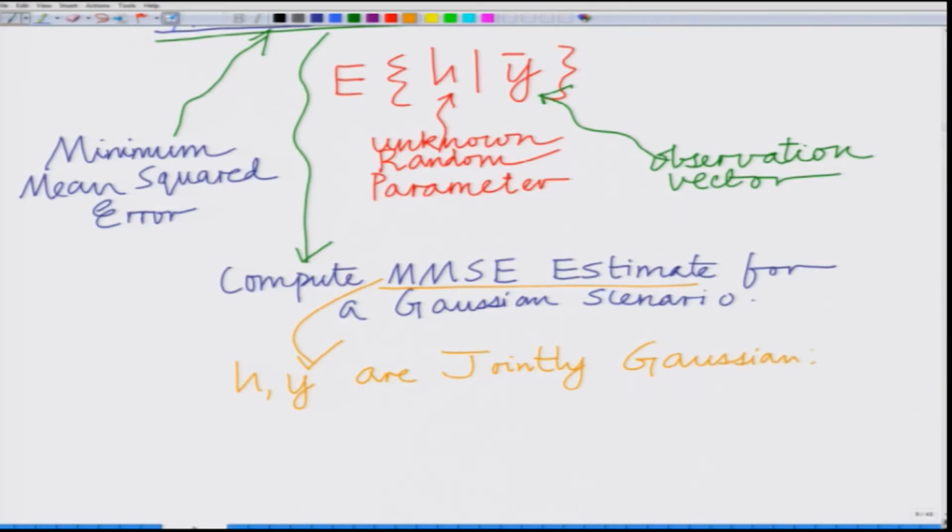That is, the random parameter h and its corresponding observation y are jointly Gaussian random variables. We want to compute the MMSE estimate for this scenario, which is nothing but the expected value of h given y.